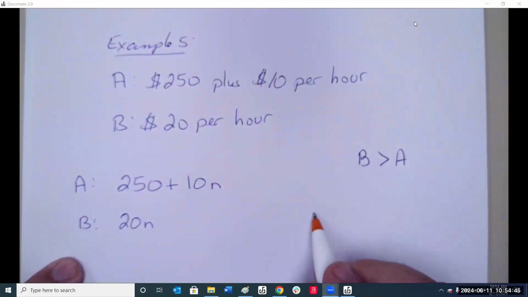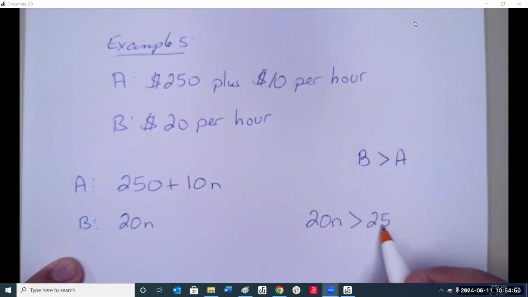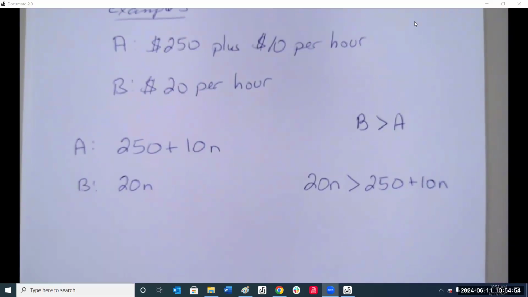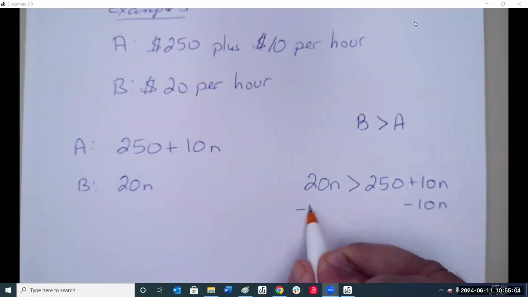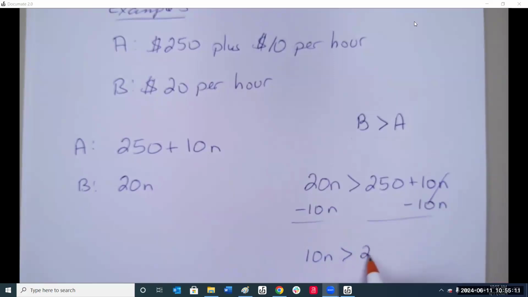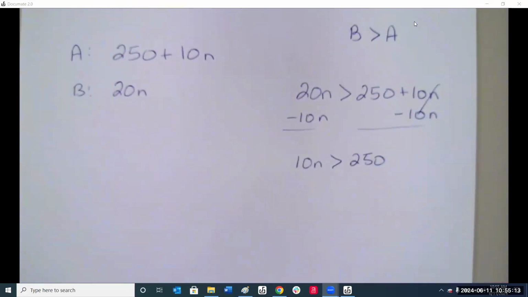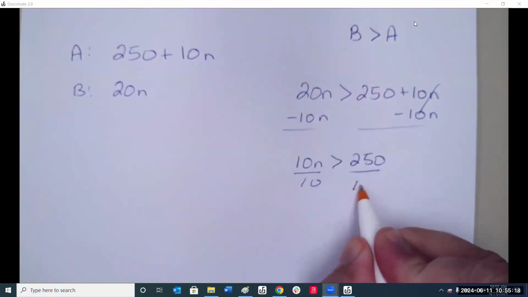So looking at this, we have 20N is greater than 250 plus 10N. Solve for N. Subtract 10N from both sides. And then divide by 10.